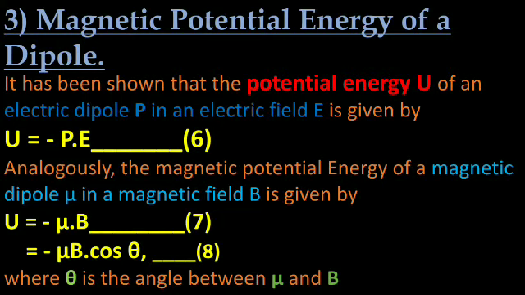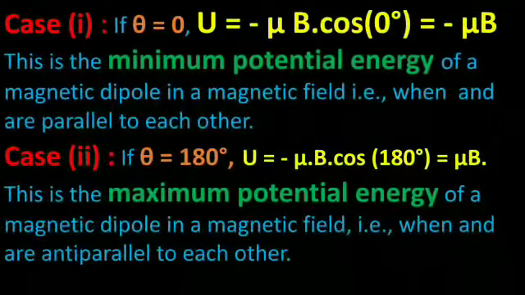So finally, as it is the dot product, see equation number 7. Now take the scalar quantity of equation number 7, so it will become minus mu B cos theta. Now this is the final potential energy of a magnetic dipole, labeled as equation number 8, where theta is the angle between mu and B.